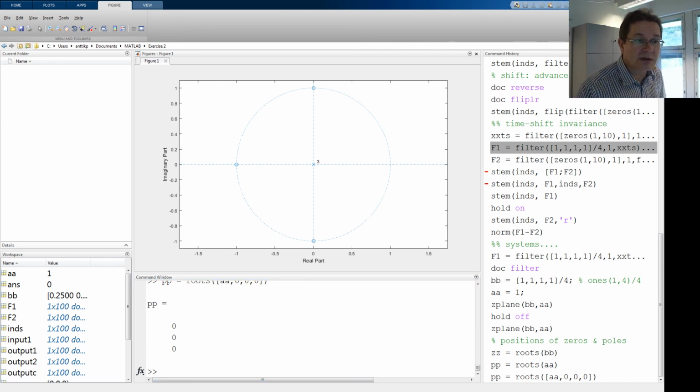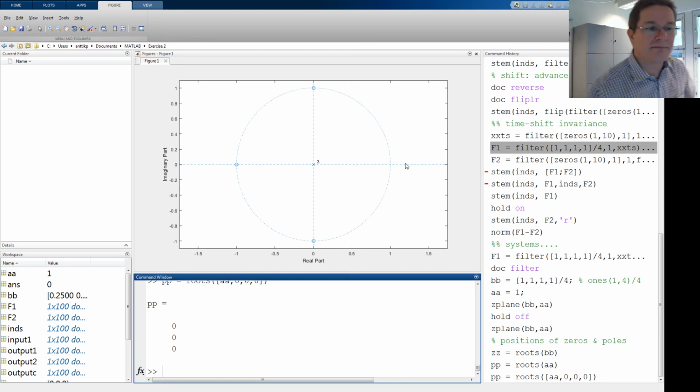Zeros, poles, and stability. Determine, calculate zeros, poles, and then we have some sound sample using the previous system. Okay, so the system implementation.